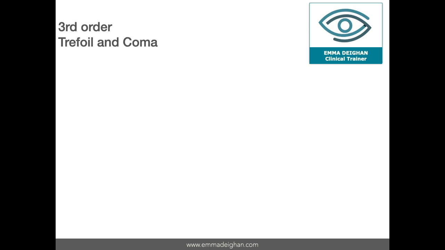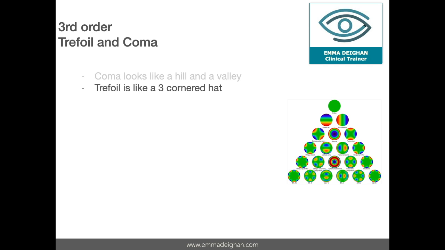Third order aberrations are really what we start to consider as high order aberrations. Trefoil and coma are the main parts, and these have quite an important effect on your vision. Coma looks like a hill and a valley, and trefoil looks like a three-cornered hat. On the pyramid, they are here, the third order, these four terms.